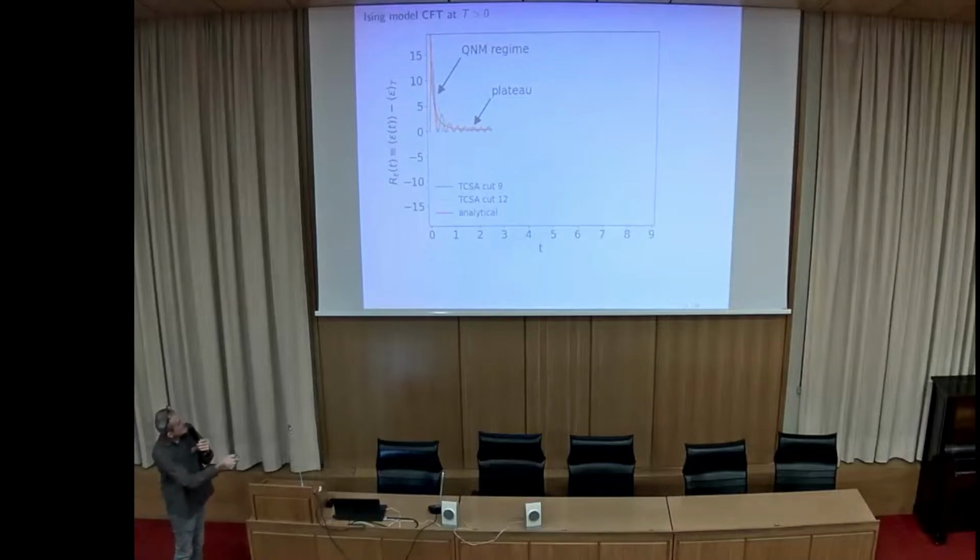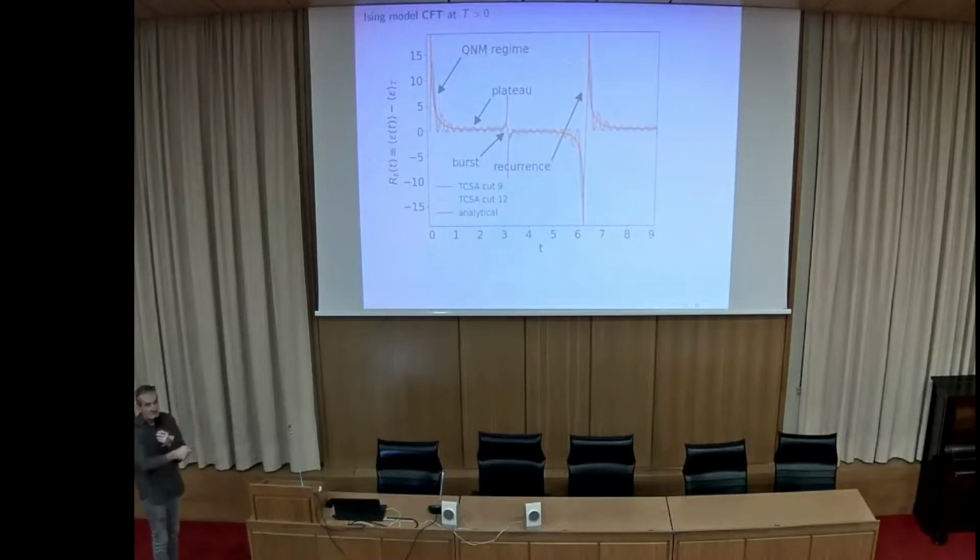Then something strange happens at pi. There's some kind of strange burst appearing, but the most interesting feature appears at time equal to 2 pi. Then basically everything returns back to the setup, and all the information, all the signal, appears again completely intact.